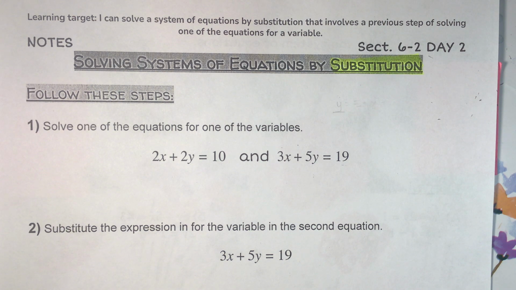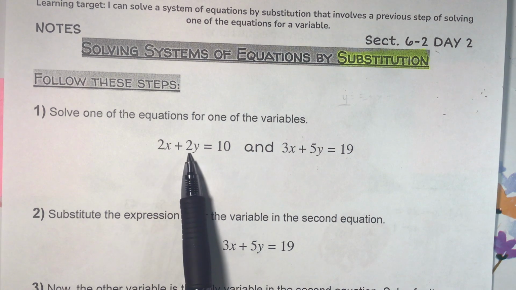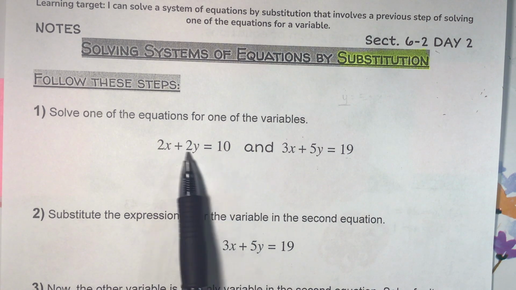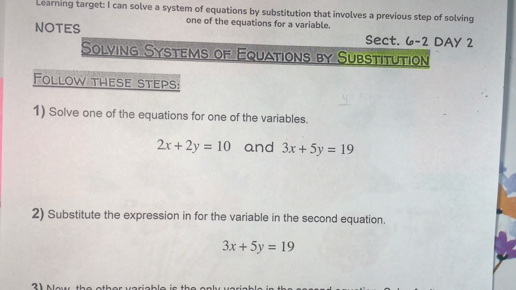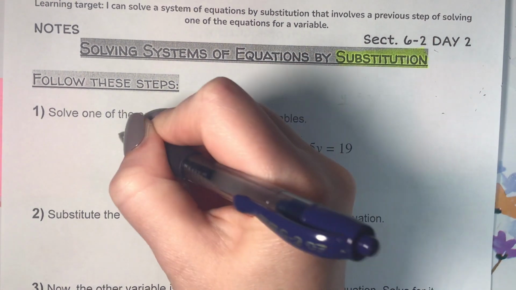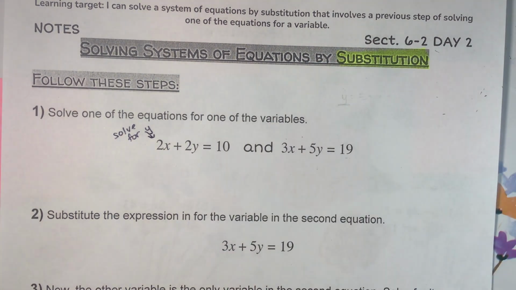So maybe I could try this one instead. Notice how it has 2, 2, and 10. All of those are even numbers, so that one could be an easier one for me to solve for. I'm just going to choose to solve for y, and I just have to do one of them for this. So I'm going to take this, and I'm going to say solve for y. That's your first step.